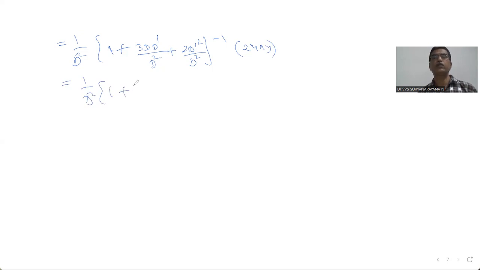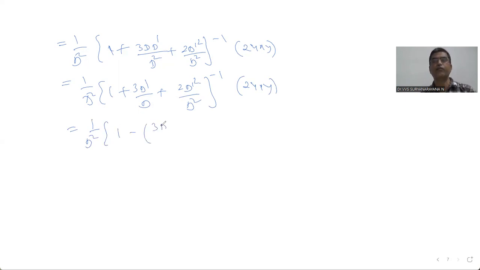Here d can be cancelled, so 3d dash by d, plus 2d dash square by d square, power minus 1. Again, it is of the form 1 plus x power minus 1. By binomial theorem, 1 plus x power minus 1 is 1 minus x.